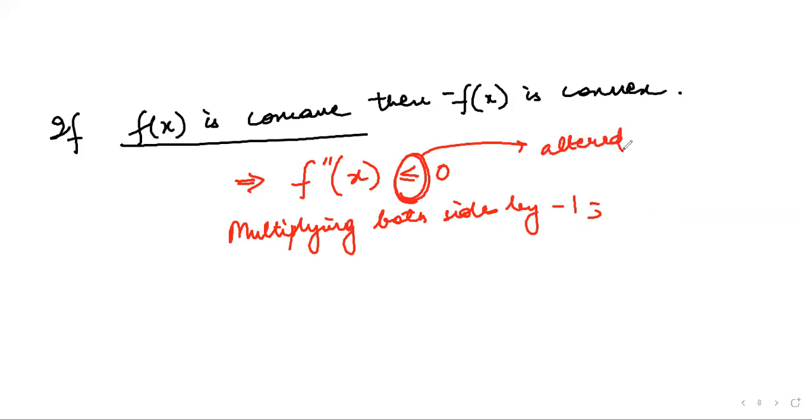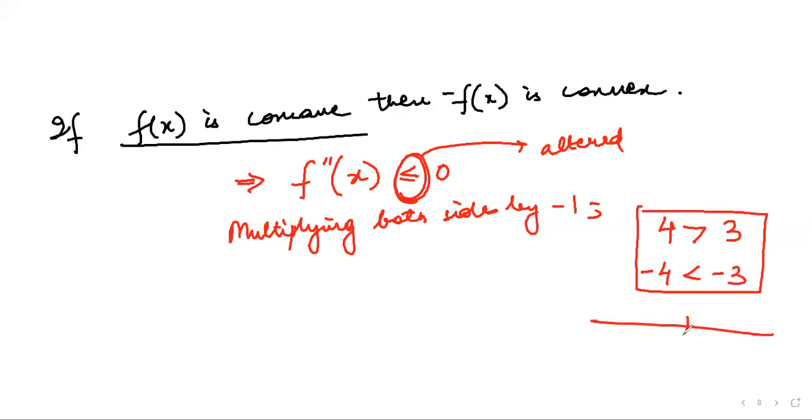I'll give you an example of this. When I say 4 is greater than 3, -4 is less than -3, of course, right? Because when we go down the number line, -1 is greater than -2, is greater than -3, is greater than -4. So the moment I multiply by -1 on both sides, the sign that I have here gets altered.